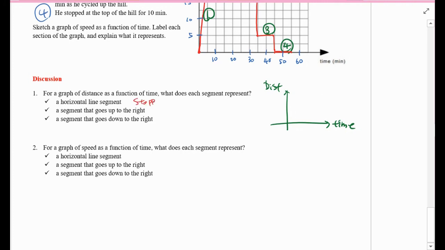Stopping. A segment that goes up, that is, you're moving forward. And if the segment is decreasing, goes down, that means you're returning.